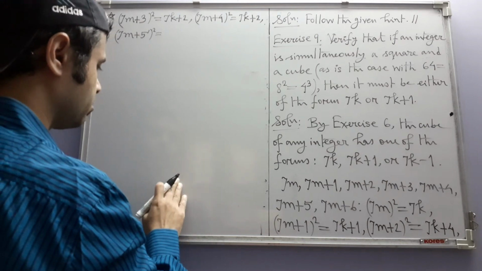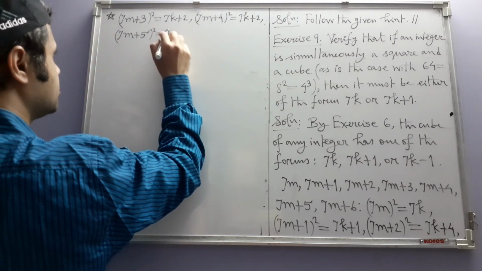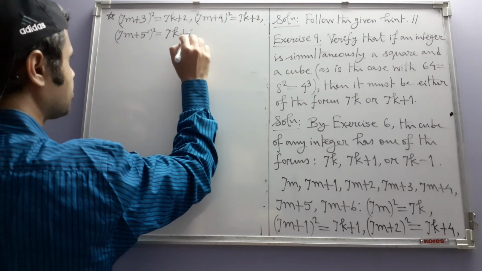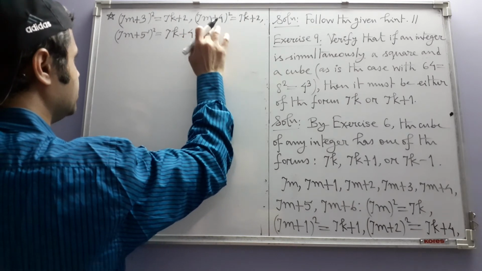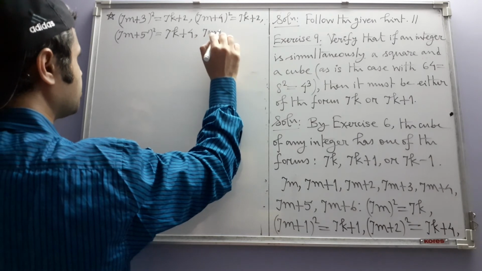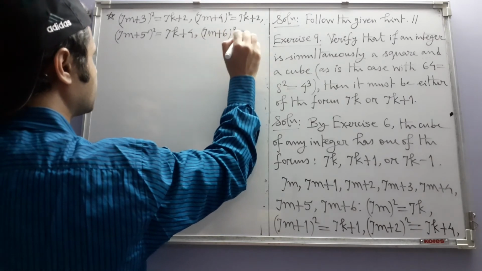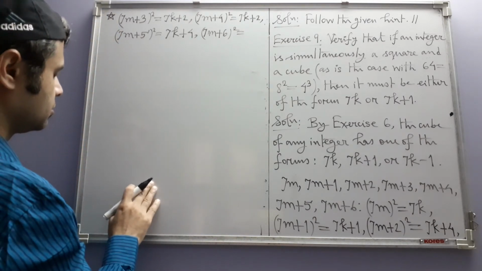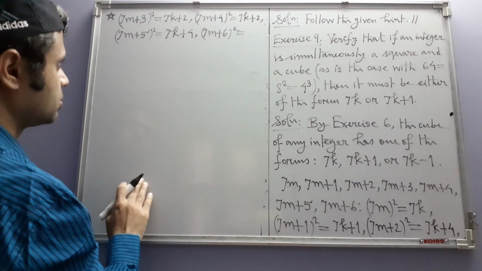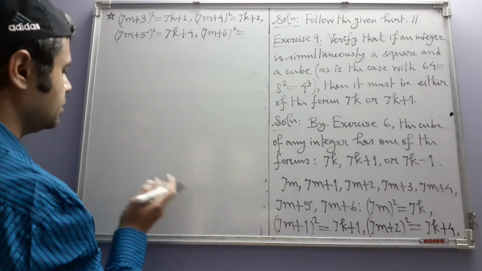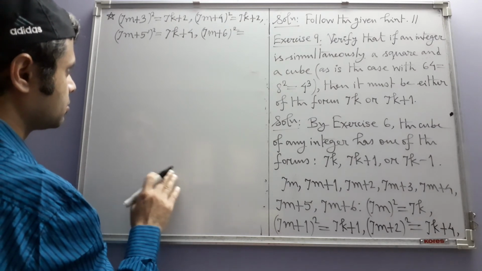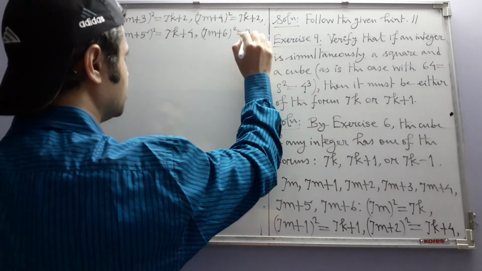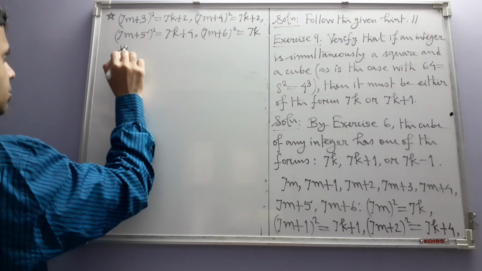So 25 is 21 plus 4. That 21 goes inside and gives us a multiple of 7, and we have 7k plus 4. And finally 7m plus 6. 6 squared is 36. So that is 35 plus 1, and 35 is 5 times 7, so 7k plus 1.